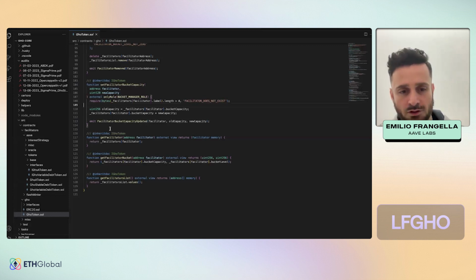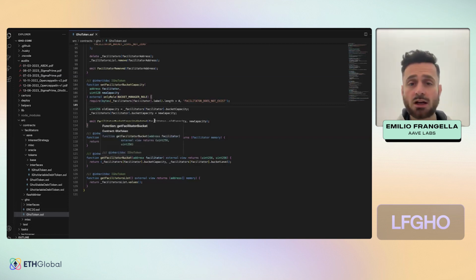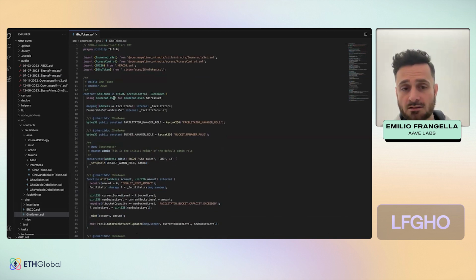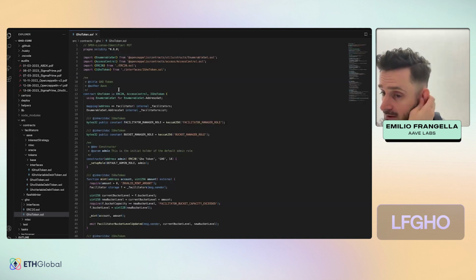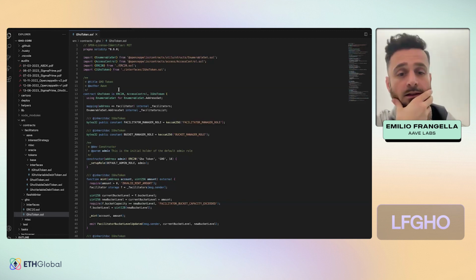And then a few getters to access the data that I just mentioned above. So that's pretty much it. The rest is a completely standard ERC20 implementation. It supports permit for gasless approvals. And I would say that covers pretty much everything there is to cover about the Go token.